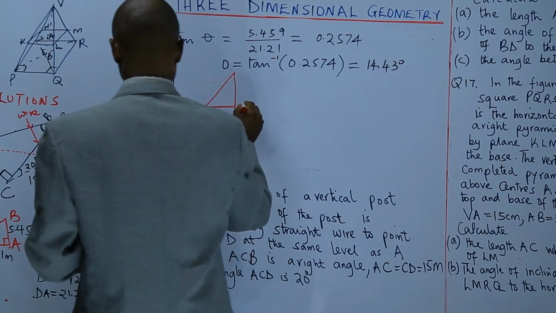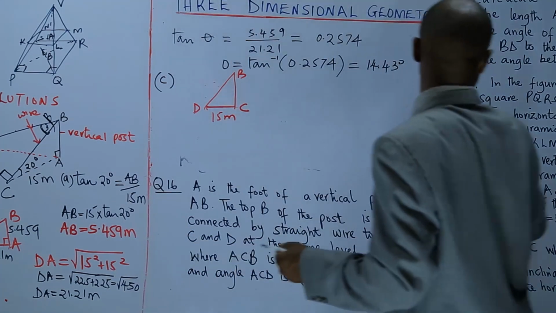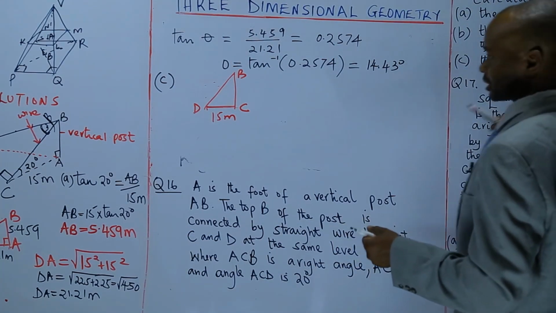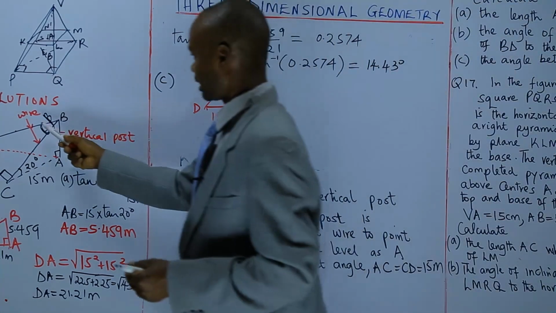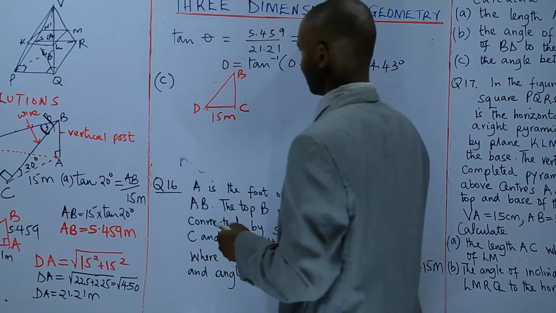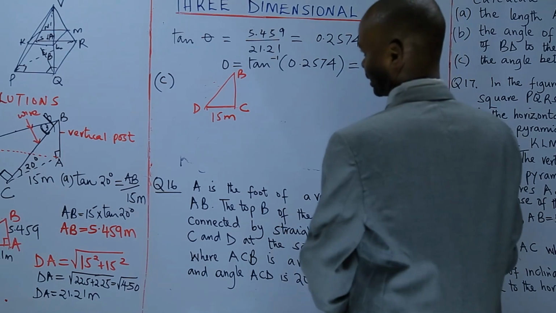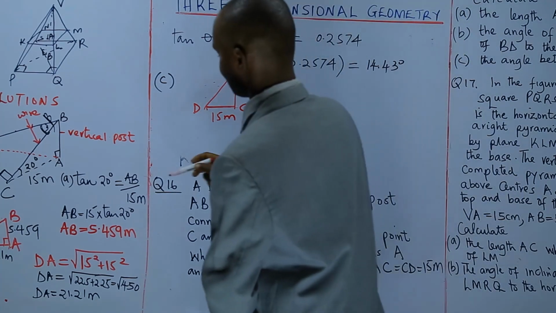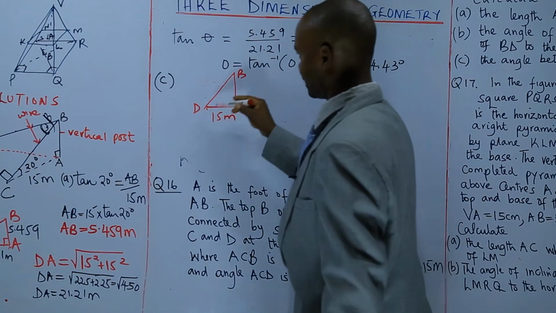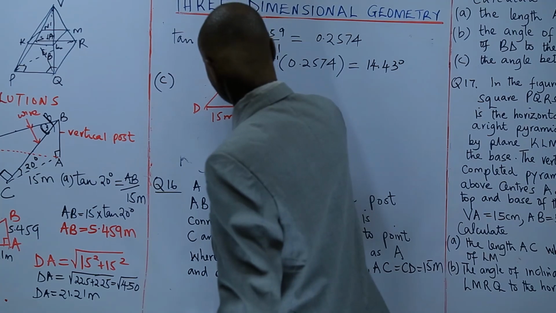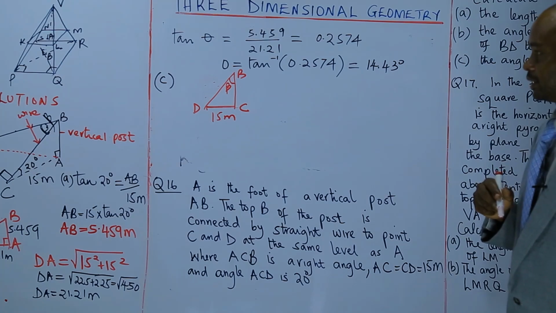This is D. This is C. This is B. So they're asking the angle between CB and DB, between CB and BD. They are looking for that angle, alpha.